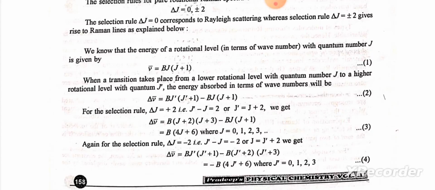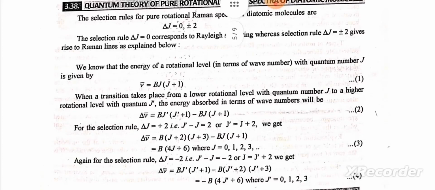Again, for the selection rule del J is equal to minus 2, that means J dash minus J is equal to minus 2, J is equal to J dash plus 2, we get change in wave number, energy absorbed in terms of wave number, will be minus B (4J dash plus 6), where J dash is equal to 0, 1, 2, 3.